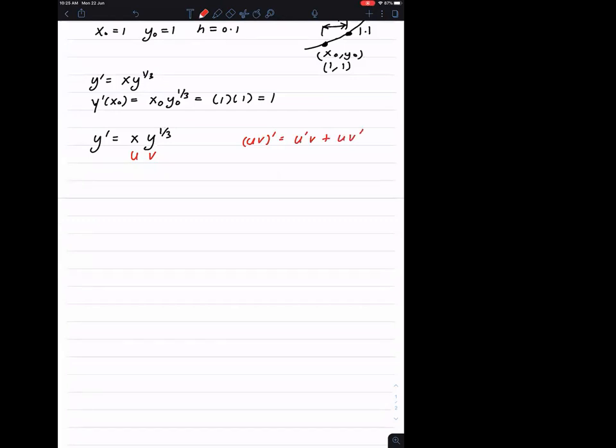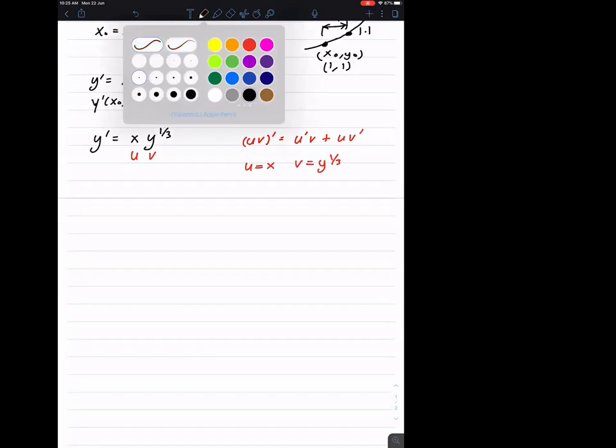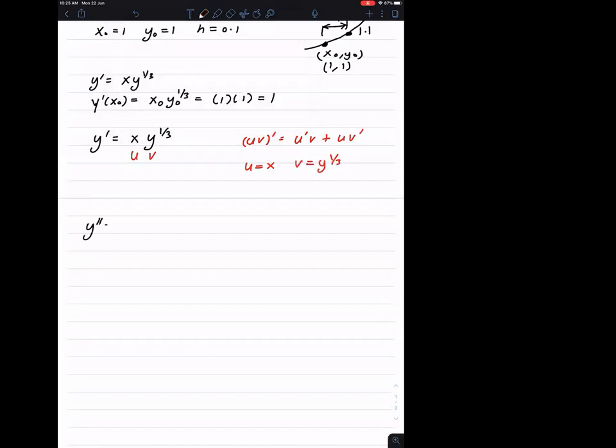So you apply that rule. For example, you can assume U is equal to x, and V is equal to y to the 1/3. So you do the second derivative, which is U prime V plus U V prime.